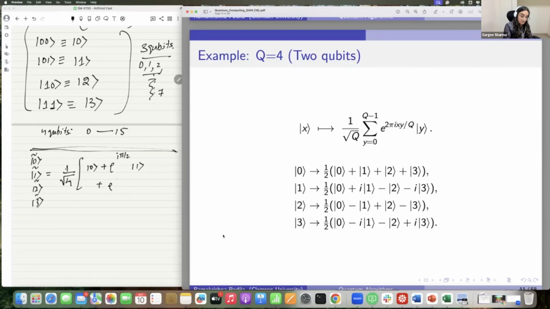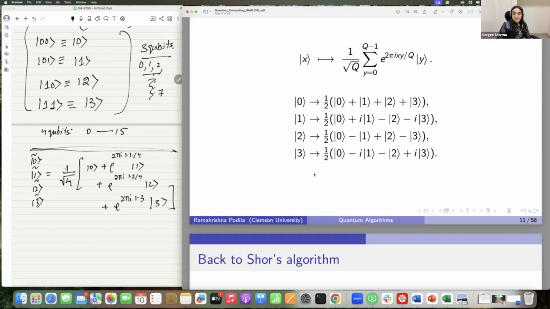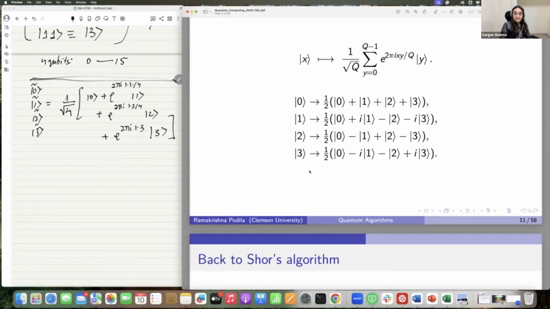Plus exponential 2 pi I into 2 by 4, plus exponential 2 pi I 1 dot 3 by 4.